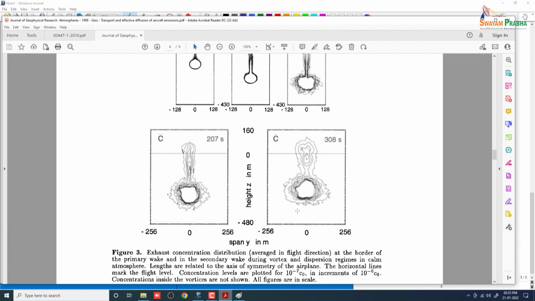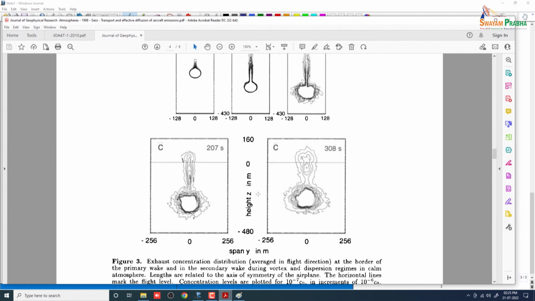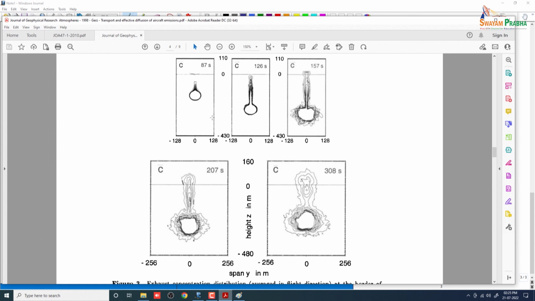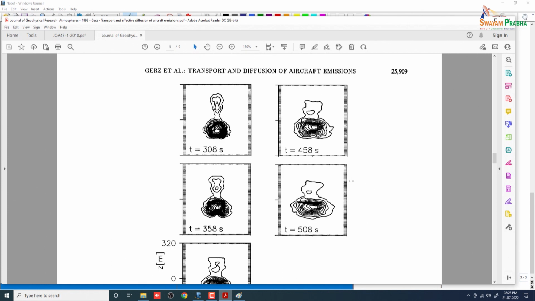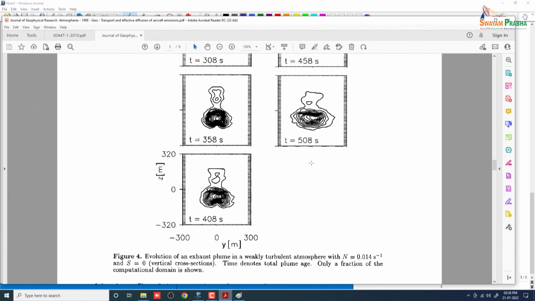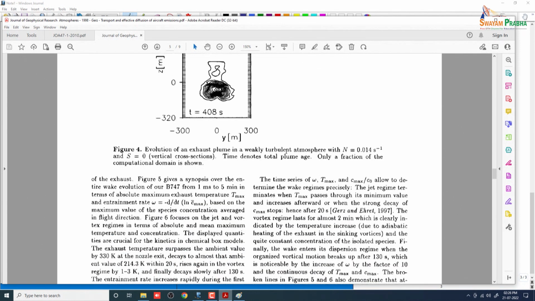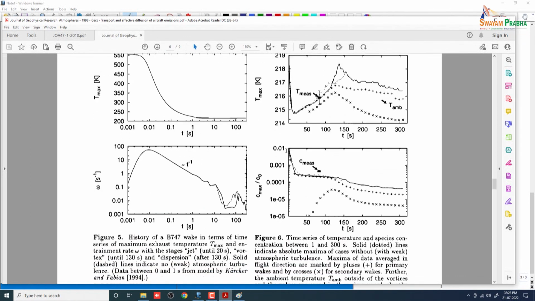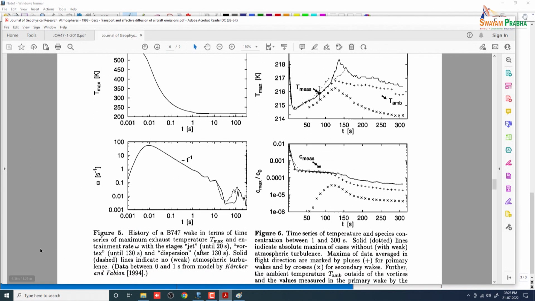The exhaust concentration distribution. This is how it looks, and this is a time-variant description of how the concentration is changing. Looking at something like that will give more details about the turbulent nature of it. Similarly, I'm looking at plots from the reference I cited.